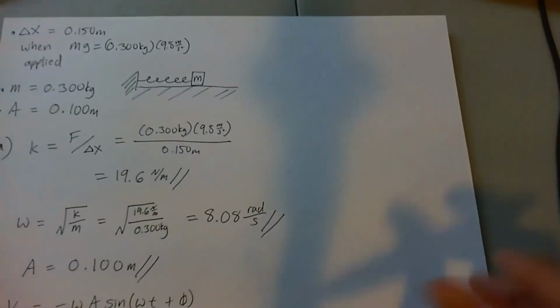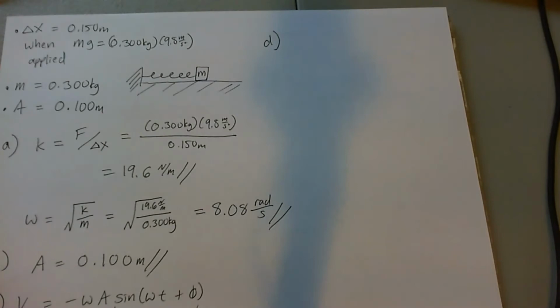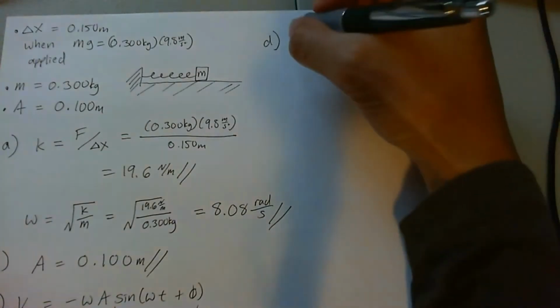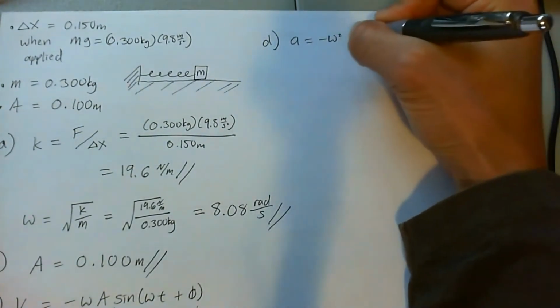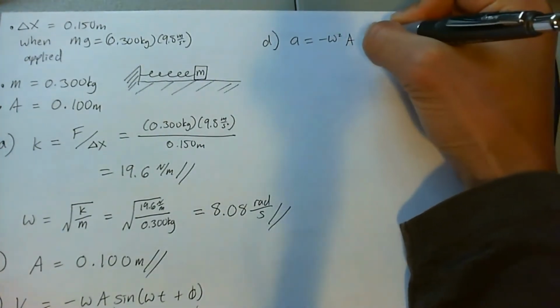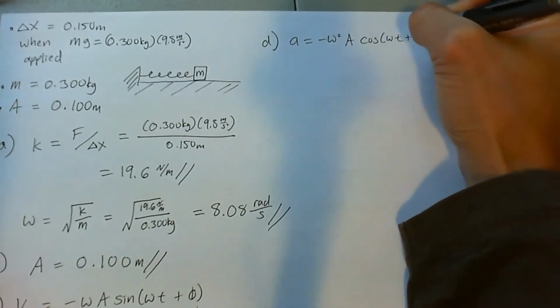Now for D, the question asks, we're almost halfway there, the magnitude of the maximum acceleration of the mass. Again, you're going to go ahead and say a is equal to negative omega squared times A cosine of omega t plus phi.